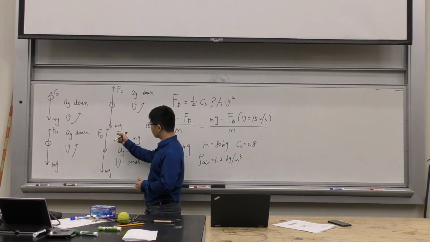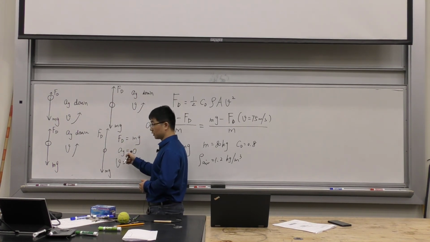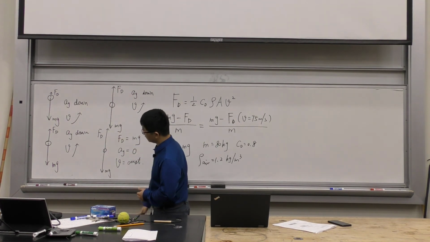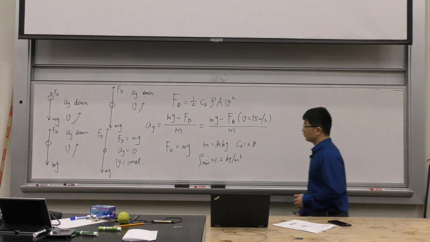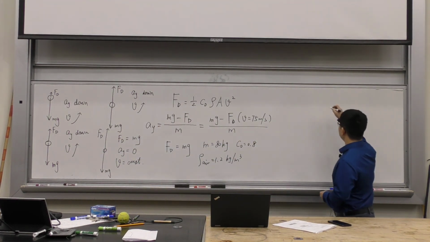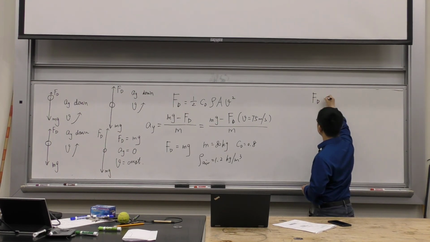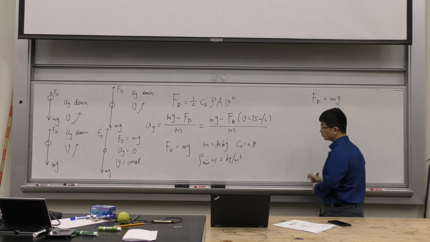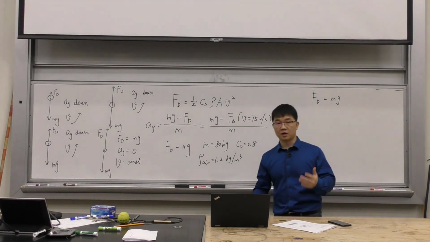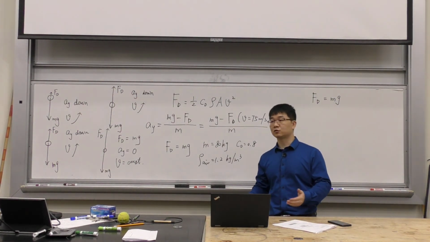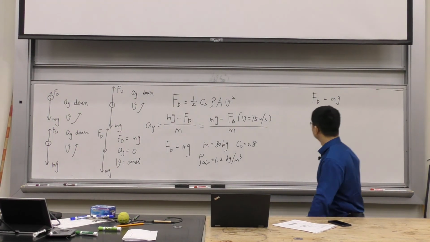Because the acceleration, the net force, is going to become 0 at this point. Acceleration becomes 0. The velocity is going to become the maximum. And then it's going to keep falling with that speed. So if I want to write the terminal speed condition, I would write it this way. When the air drag becomes as large as gravity, that's when terminal speed occurs.